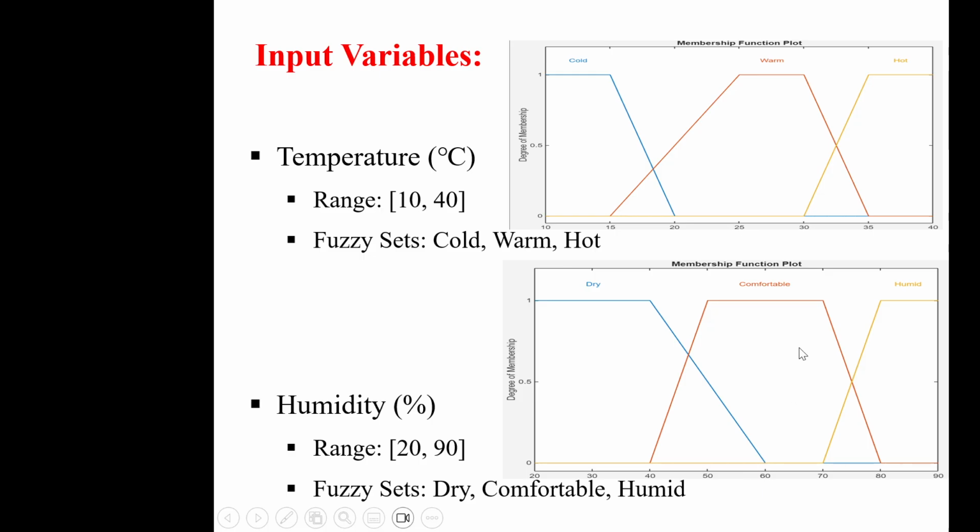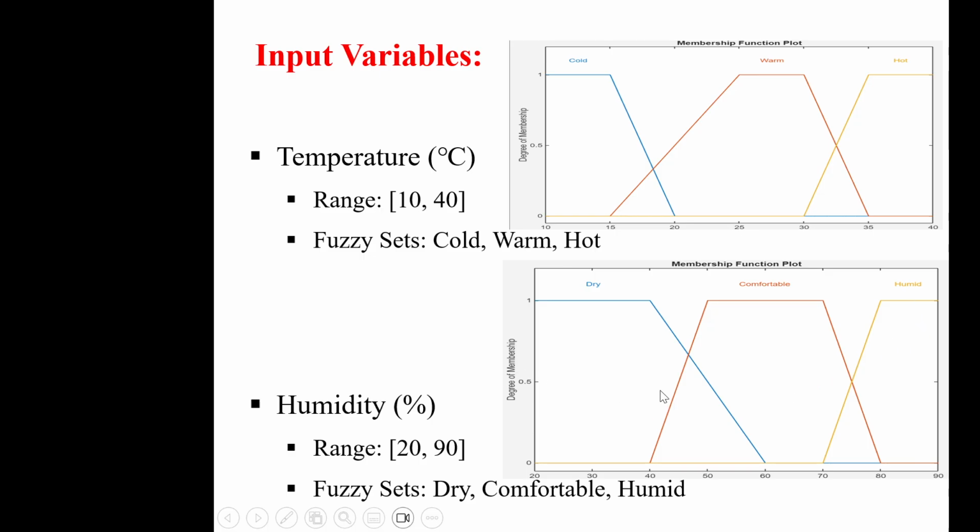We make comfortable MF, MF being membership function, to overlap at this particular area. We start from 40, 60, 50, 70, 80. The last membership function that's representing humid, we start from 70, 80, 90, making 4 points.